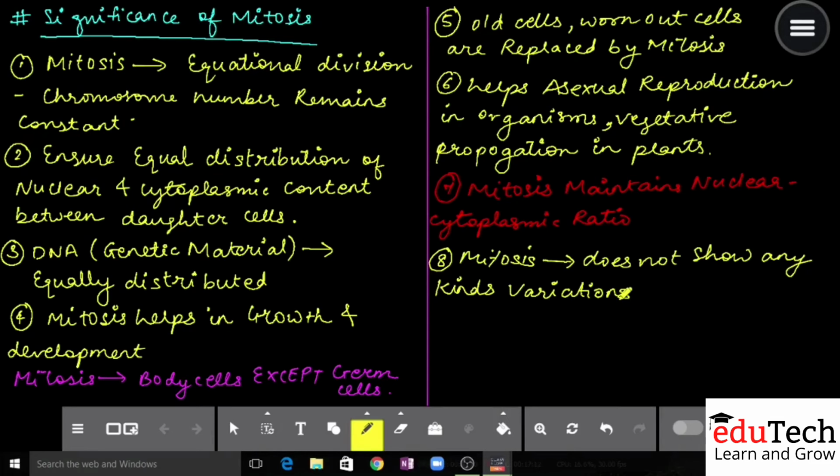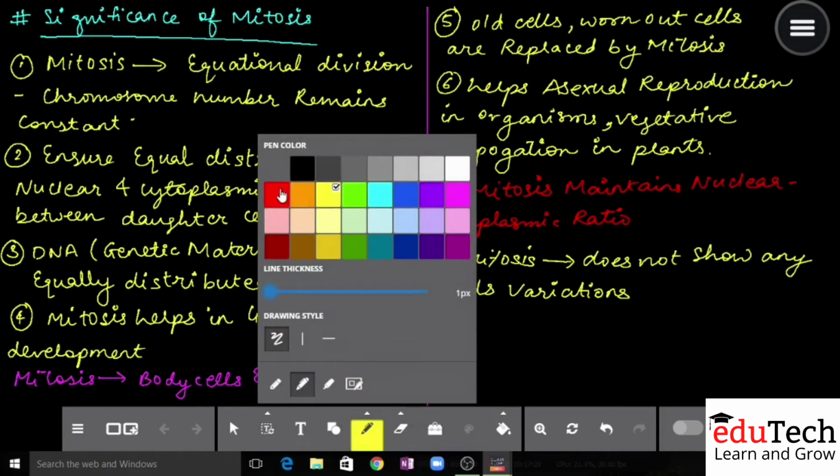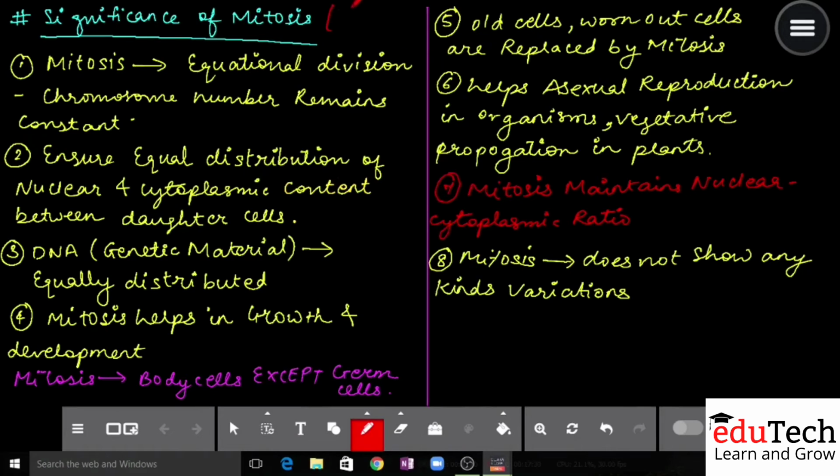So how will variations occur? It is not going to introduce any variations. Whichever cell is there, it will divide and make an identical copy of its own. Yes, so this is the significance of mitosis from the exam point of view, for your different exams.